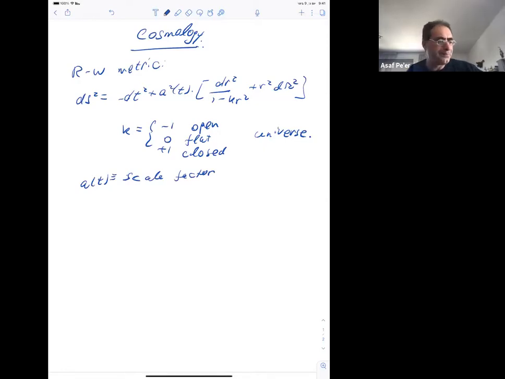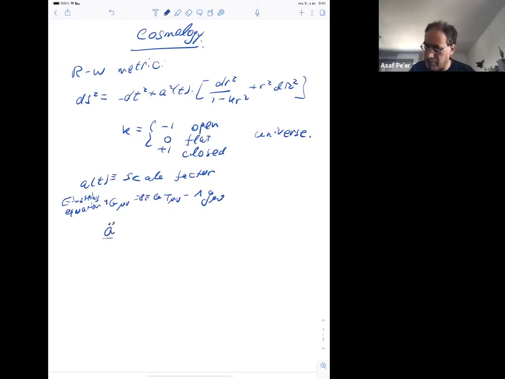which is determined by solving Einstein's equation. G mu nu is 8 pi G T mu nu minus lambda g mu nu. And that gives two equations, which are known as Friedman's equations.